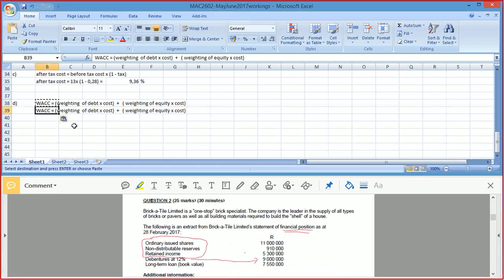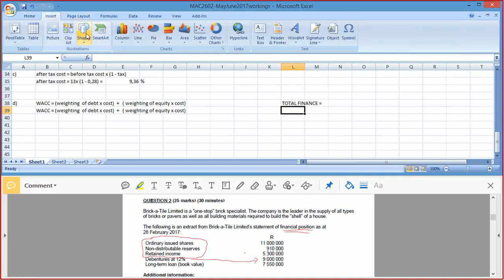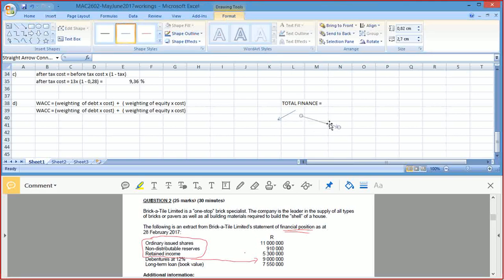Okay, I need the weightings. Okay, so total finance equals whatever it is, and then obviously that's broken up into two, debt and equity. Does it make sense? Yes, sir.